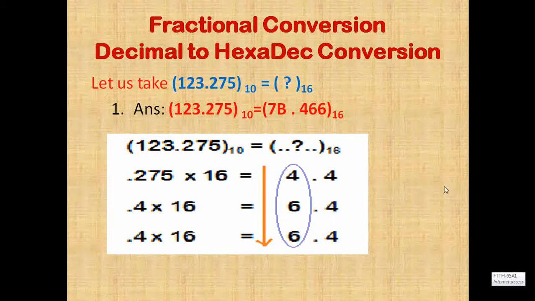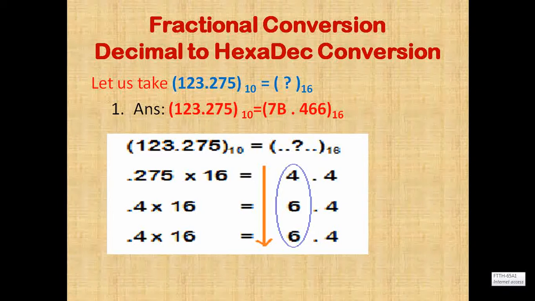So I am stopping here after 3 steps, and then we will note down the integer part digits from first to last, from top to bottom, not from bottom to top. So we will have 4, 6 and 6. So 0.466. This is how we can get the fractional conversion of decimal into hexadecimal.